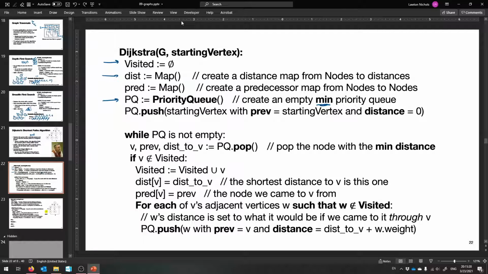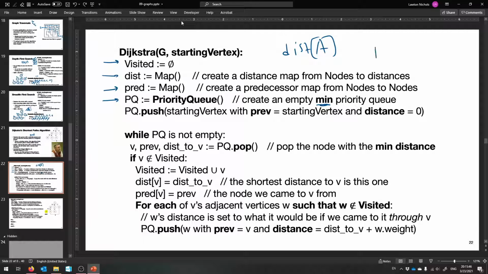We need two maps, two hash tables, if you will. This first one is a distance map. It takes a node and gives you the distance to it. So like the distance to A, for example, is a number, and that's what the distance map will tell you. And then we have a predecessor map. This one's useful because it tells us how to get to somewhere following the shortest path.